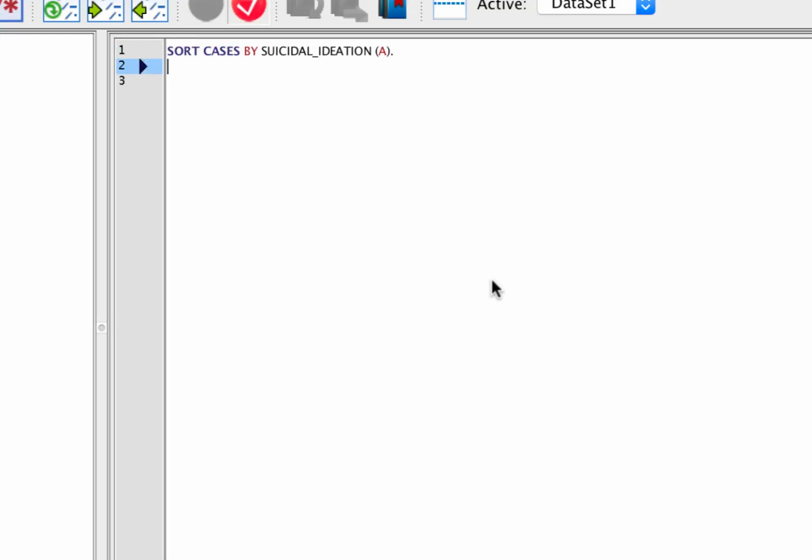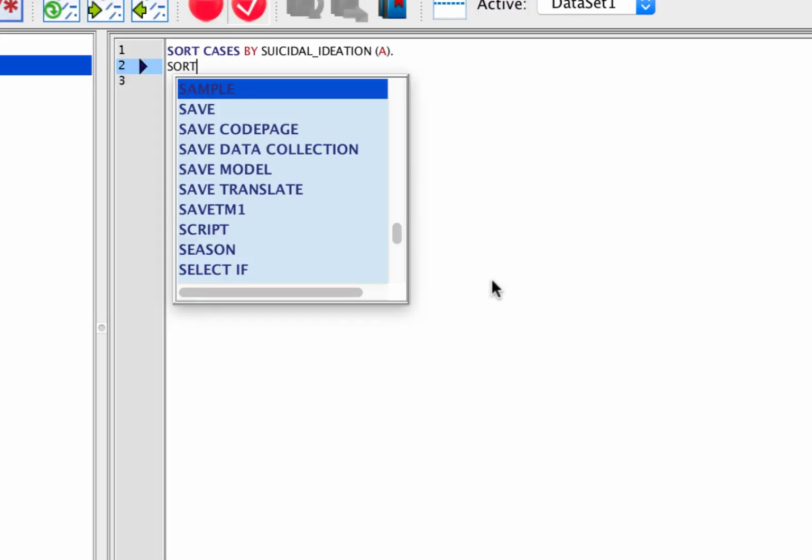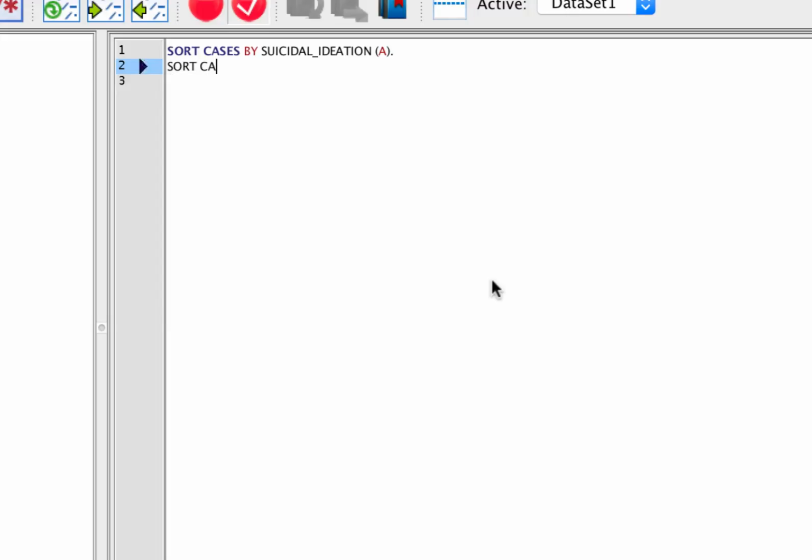For whatever reason, your sets require that we do this both ways. I don't really know why this works. Descending. Okay, and the next is going to be our one-way test, our one-way ANOVA.